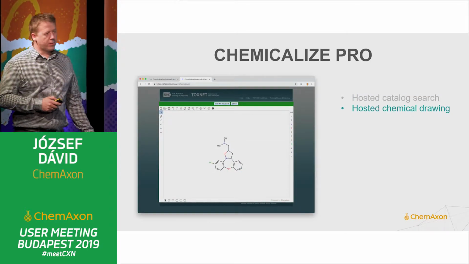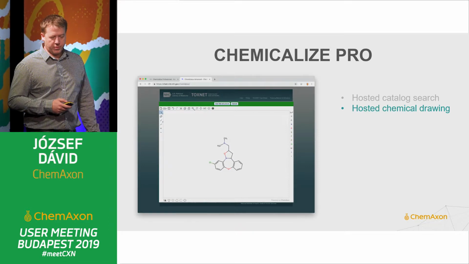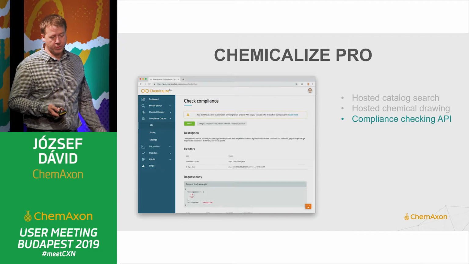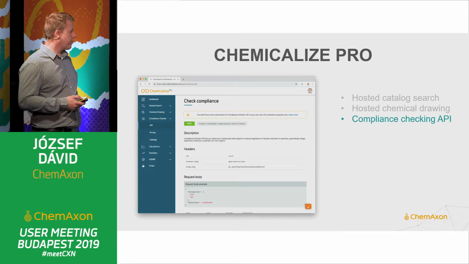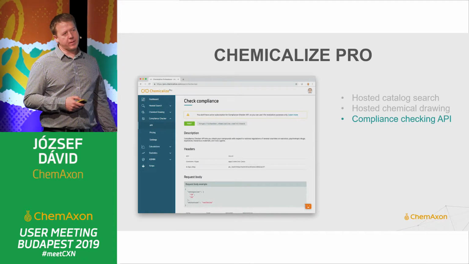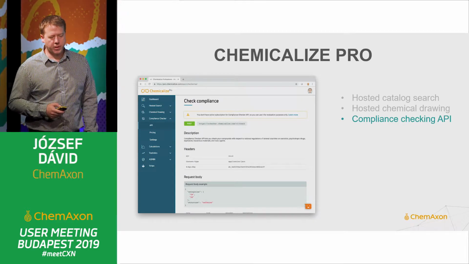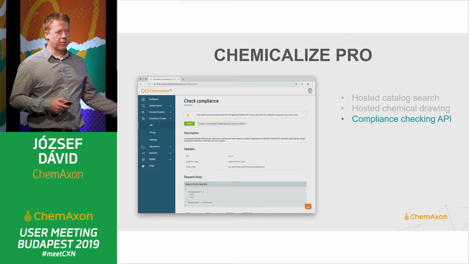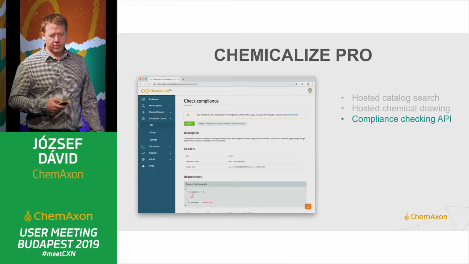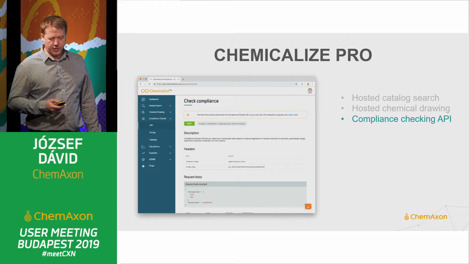We have the chemical drawing, which is similar, just the Marvin.js editor can be used there, and we have the compliance checking API. That's for those companies who don't want to do, let's say, 200 compounds one by one. They can do it through an API, and it's much faster. And also, I would say it's faster and maybe a little bit cheaper.